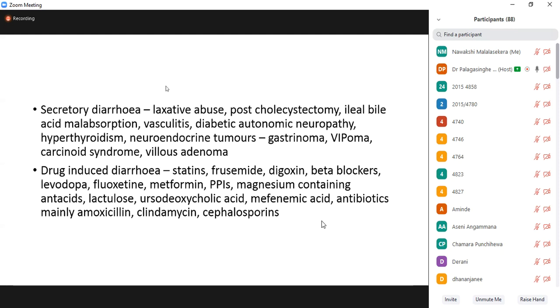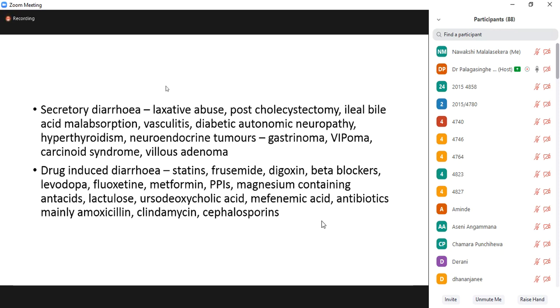Sometimes common drugs like metformin can also cause some diarrhea. Then proton pump inhibitors and antacids, mainly magnesium-containing antacids. Aluminium-containing antacids usually cause some constipation, while magnesium causes diarrhea. So in the history, one of the important things you have to inquire about is the drug history, whether the patient is taking any drugs that may precipitate diarrhea.